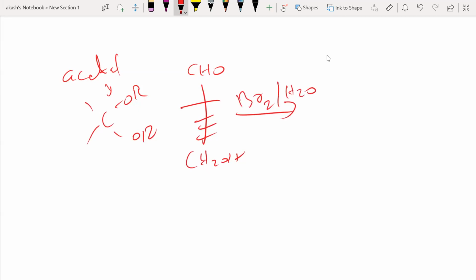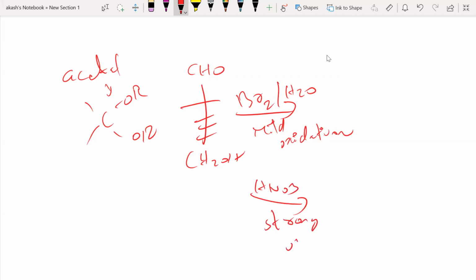This is your mild oxidation. And if I use HNO3, which is a strong oxidizing agent, will the products be the same or different?